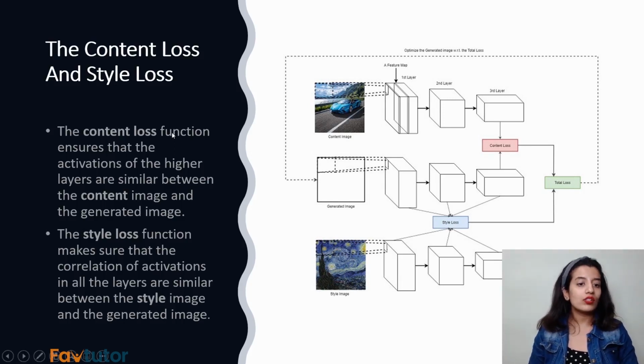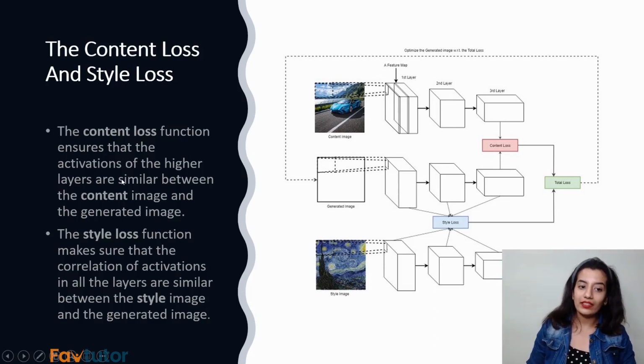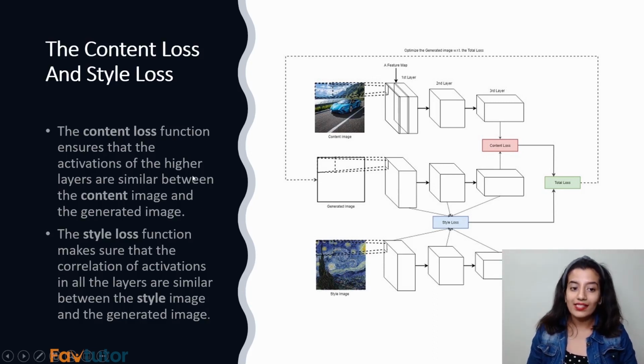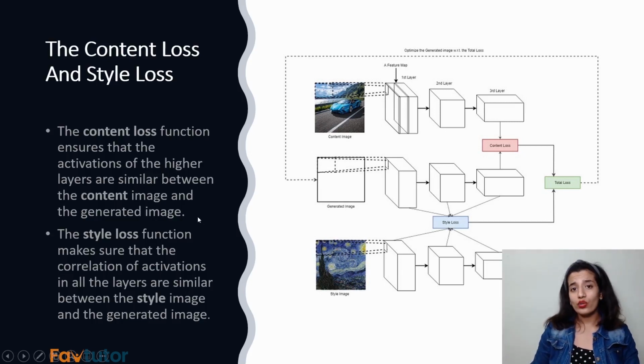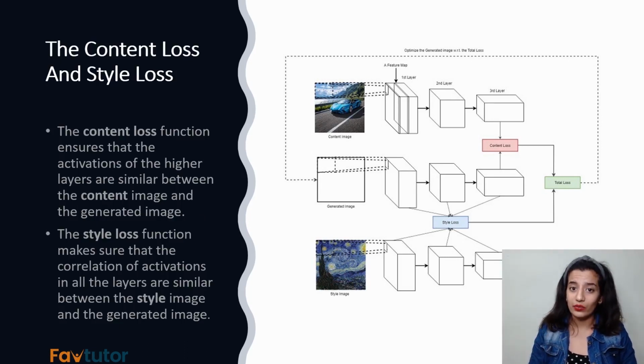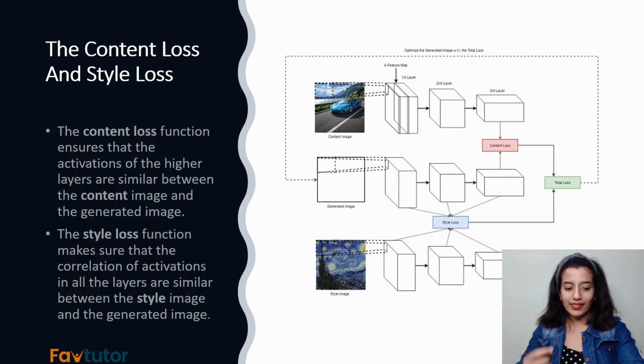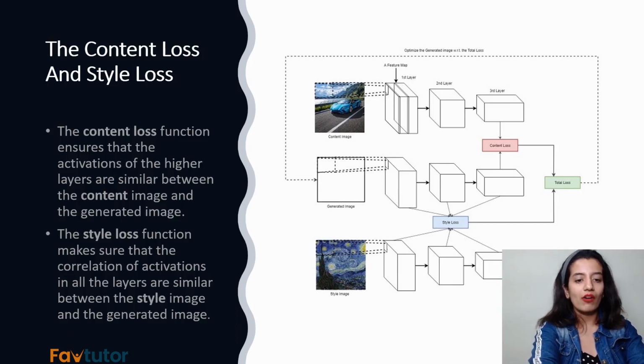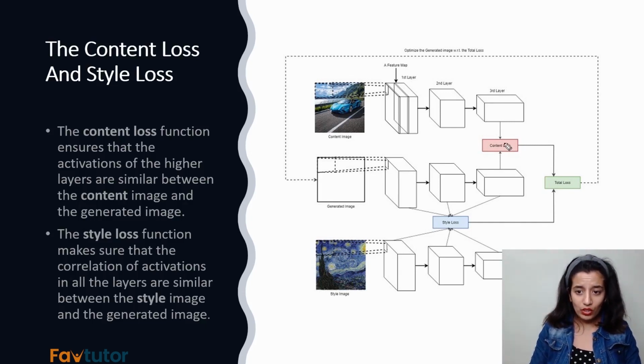So the content loss is a function that ensures the activations of the higher layers are similar between the content image and the generated image. As we all know, the higher layers in the neural network, and I am using a convolutional neural network, possess more information. So what exactly is the content loss, and how can you compute it?